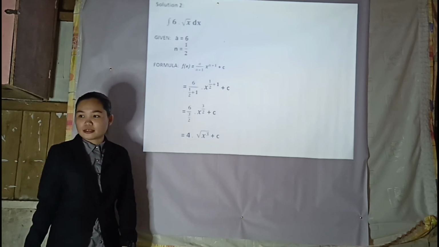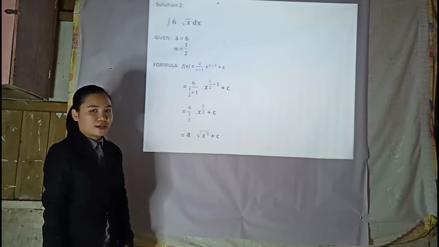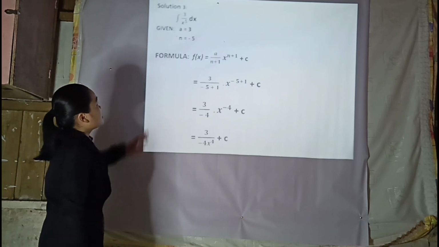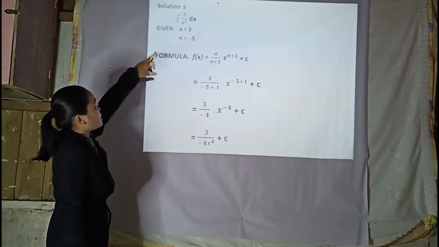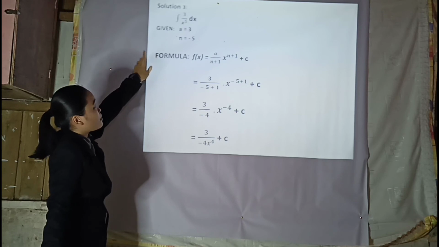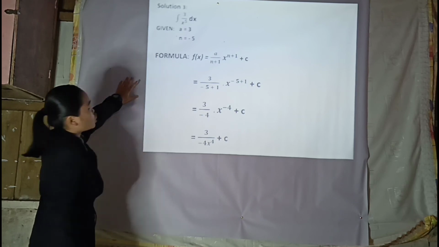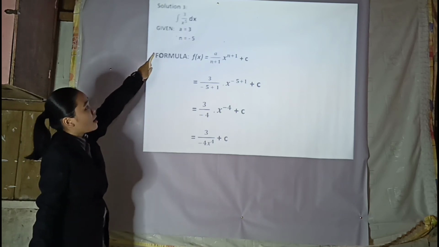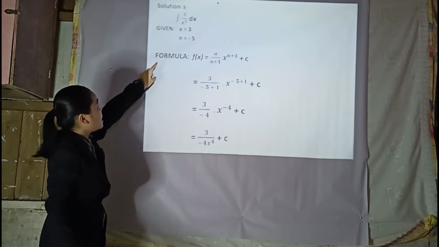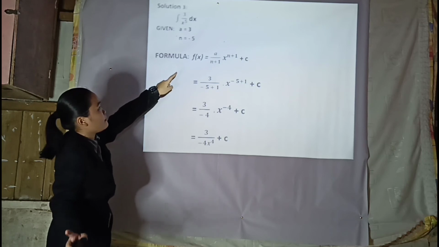Who got the correct answer? Okay, very good. So, let's proceed to number 3. So, the solution 3, the integral of 3 over x raised to the power of 5 dx. So, we have the given, the value of our a is 3 and the value of our n is -5.